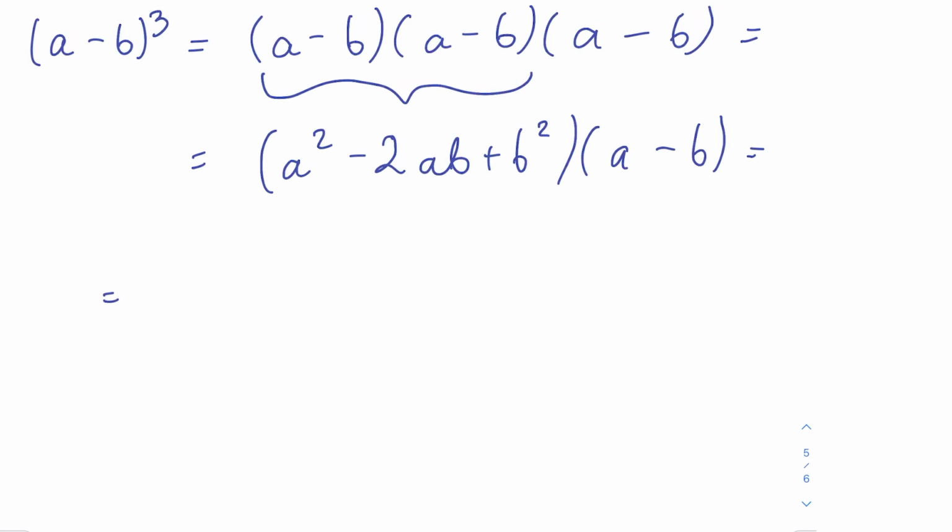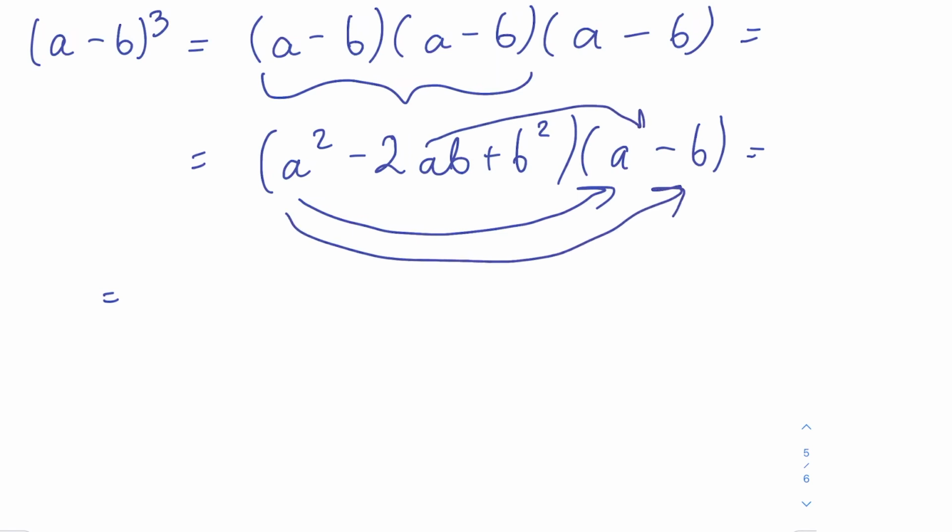So now what we'll do is we'll multiply all terms by each other. So we'll multiply the first term by the first term, and the first term by the second term, then second term by the first term, by the second term, and then the third term by the first term, and then by the second term. So we should have 6 terms at the end of this.